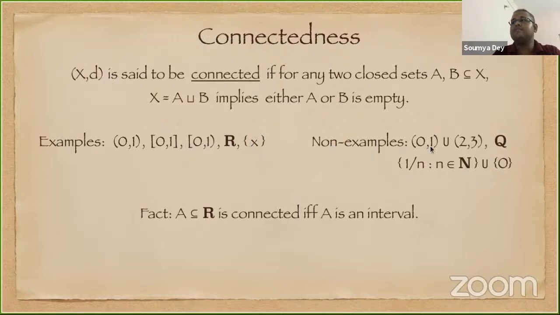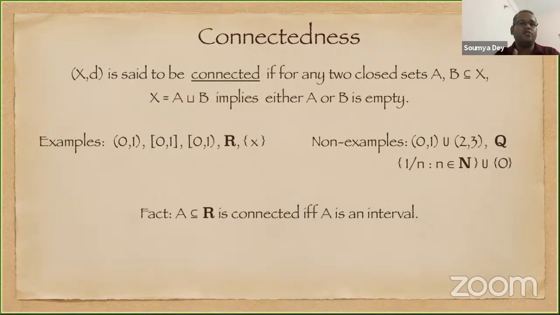Some non-examples: if you take a disjoint union of two open intervals, this is not connected, right? What about Q? Q is not connected, right? Again, you can choose that example someone gave.